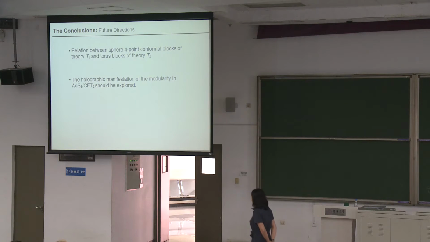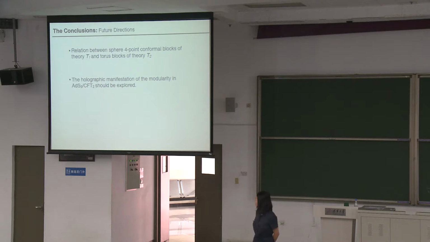And future directions: first, we see a relation between sphere 4-point conformal blocks of one theory and the torus blocks of the other theory, which is something that deserves to be understood better. And second, it will be interesting to explore the holographic manifestation of this fact.